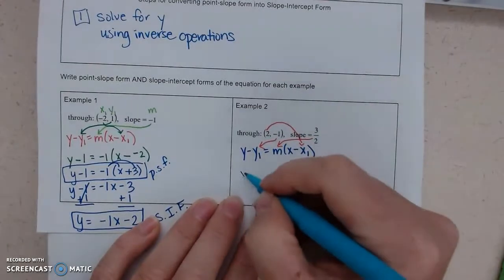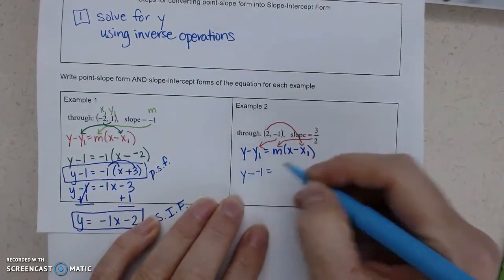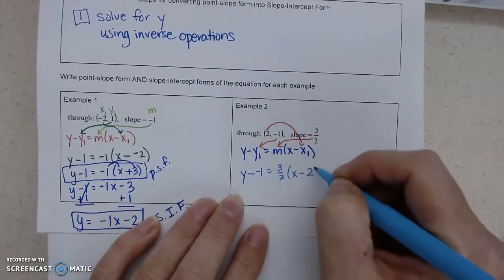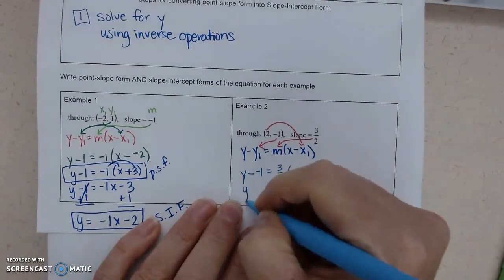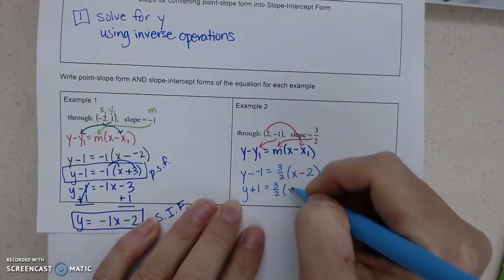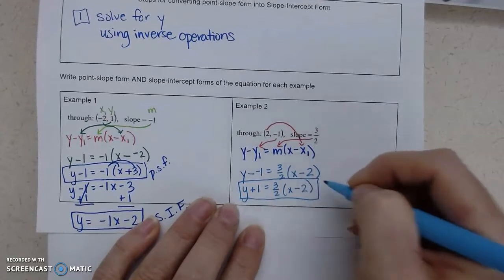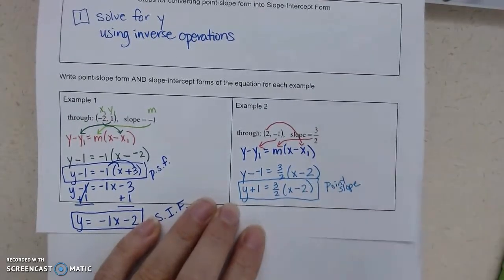So we get y minus y equals m times x minus x. Now, I should change that into a plus. So this is point-slope form, and we would stop.